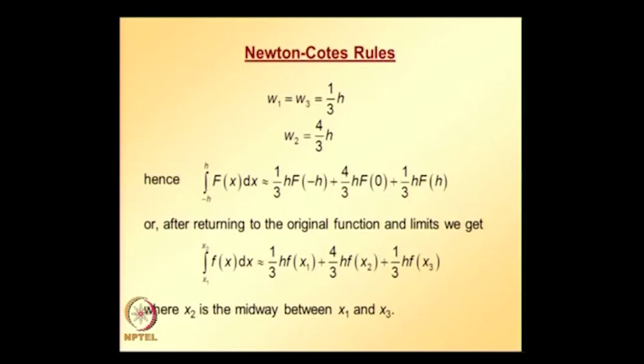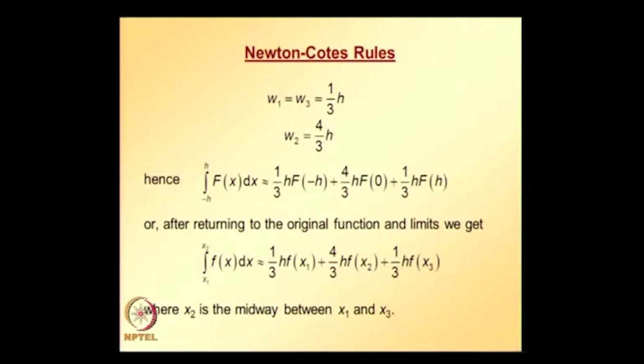So basically this is the procedure that we can generalize for Newton-Cotes rules of any number of points. To obtain the weights, this is the procedure that we can generalize.